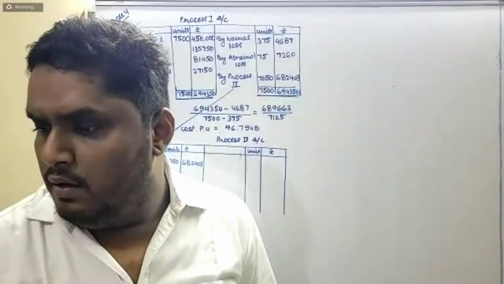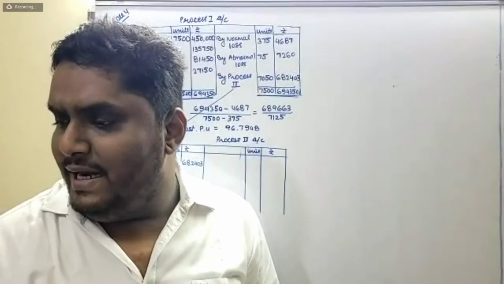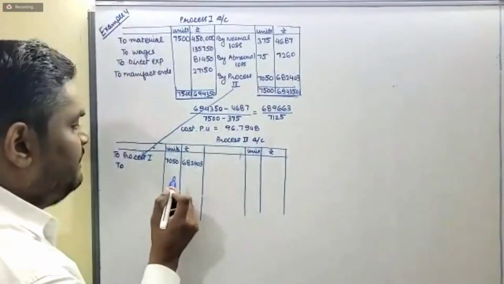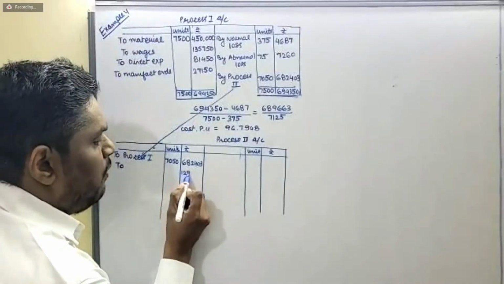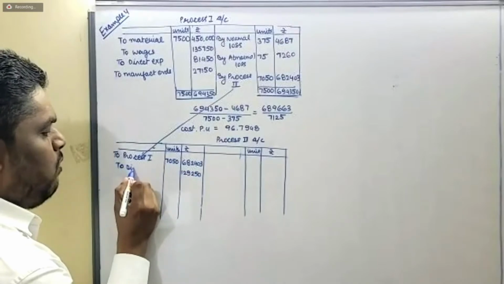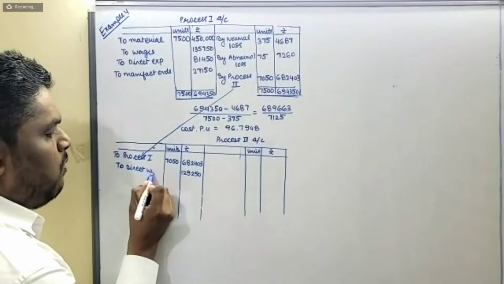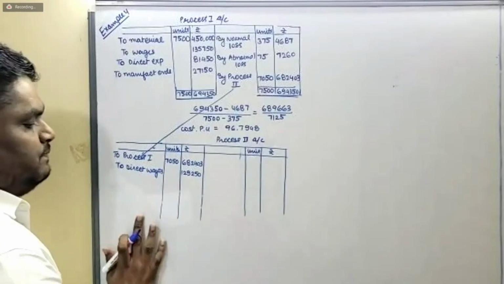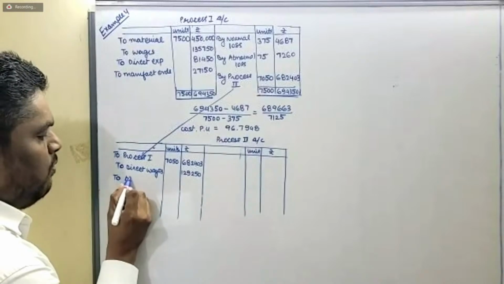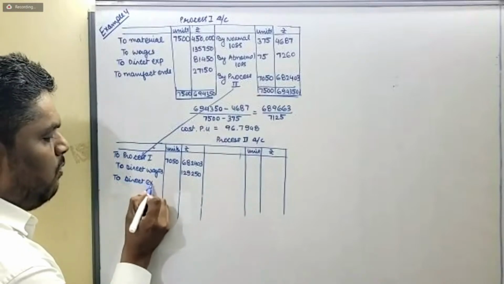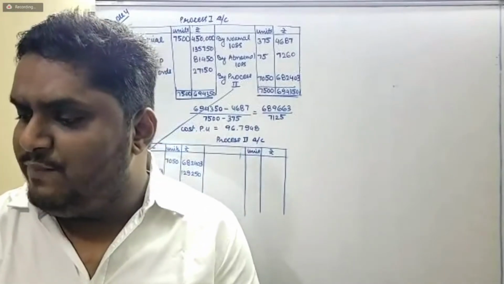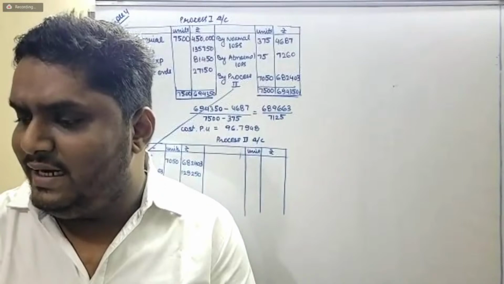Further, there is no further material introduced in process second. However, the wages are 129,250. It is given in the question that 65% of the direct wages is the direct expenses.